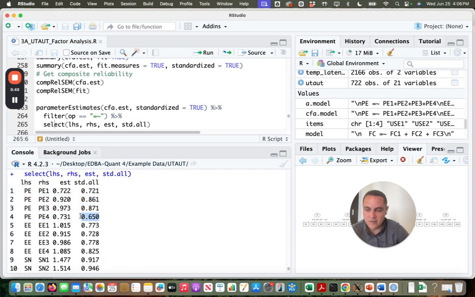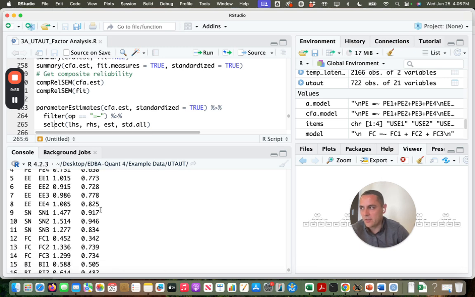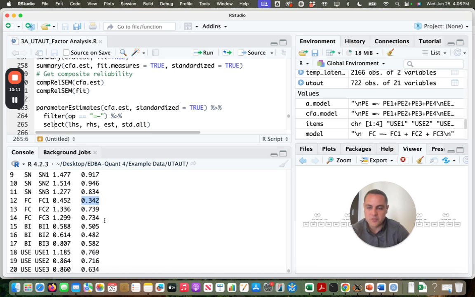So 0.65 is the lowest for PE, highest is 0.7. Just looking at EE, SN. So FC, let's look at FC. Yeah, so for FC, you can see in this last column, 0.342. That is low, right? We already know that there was a potential problem there.